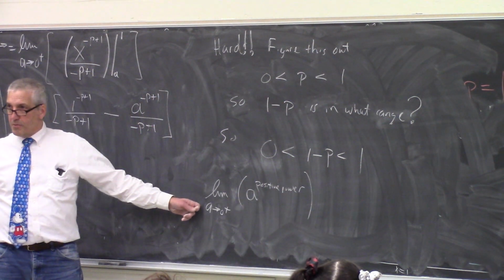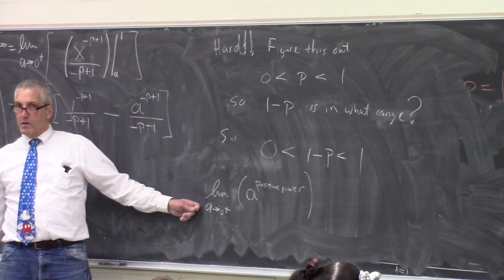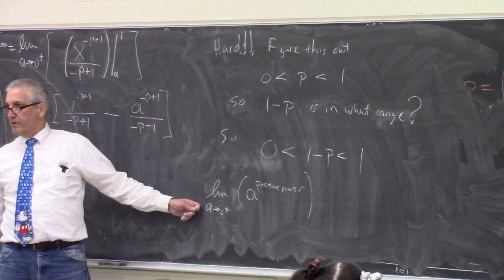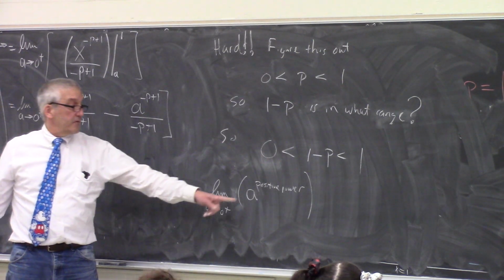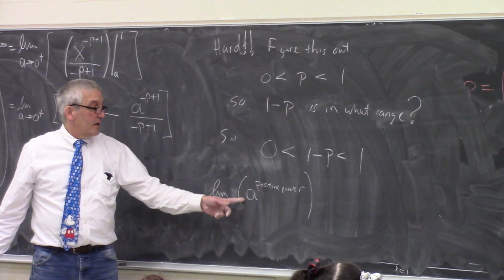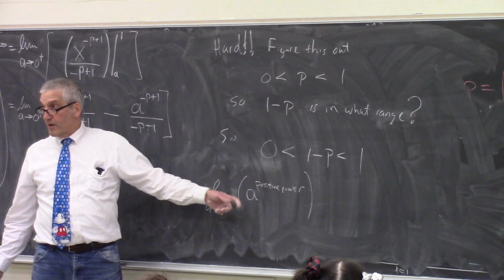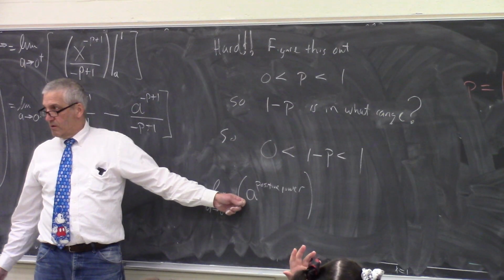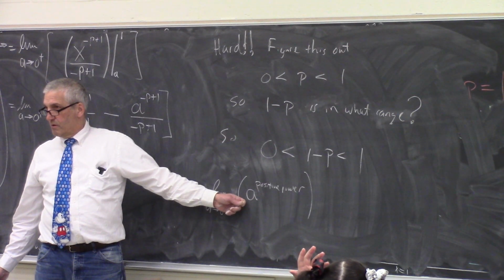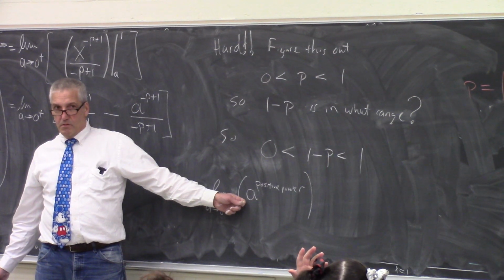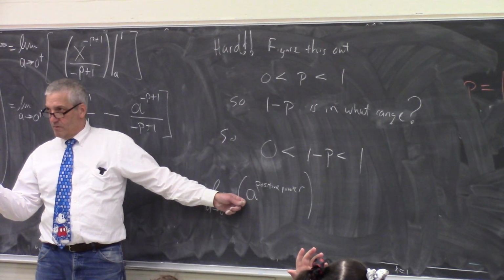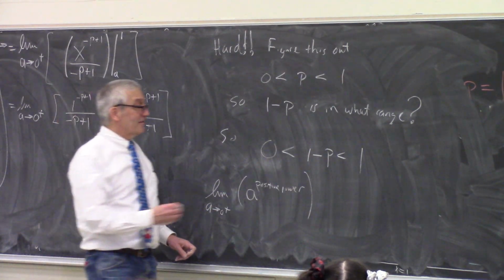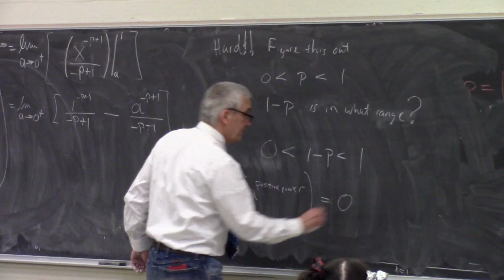What's that limit going to be? Anybody else? You have a positive number a being raised to a positive power, and then I make my a get closer and closer to 0. Exactly. So this limit is going to be the number 0.